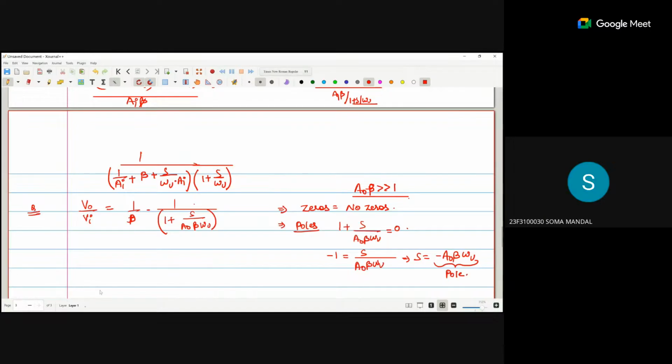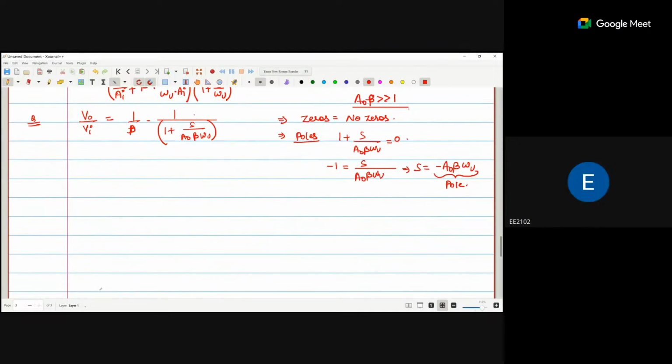Now it is a negative term, so it will be in the left hand plane. That is A0β ωu, the position of the pole. One pole exists and it will be on the left hand side of the S plane.